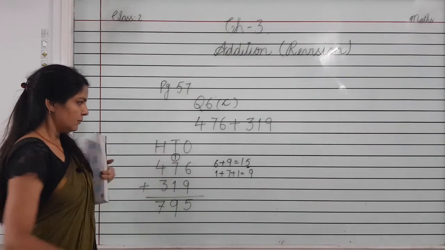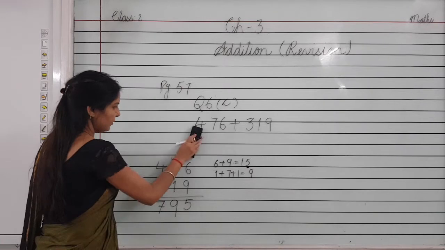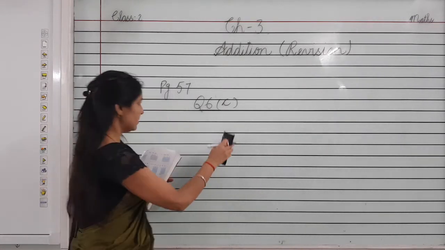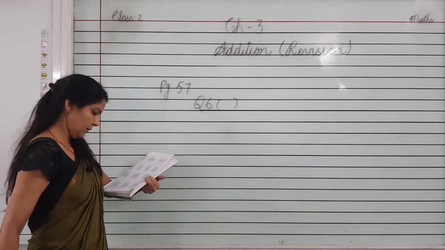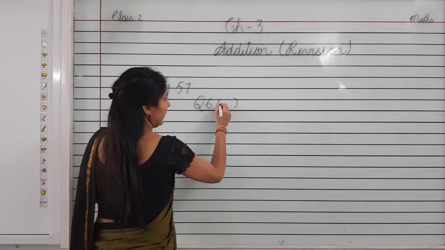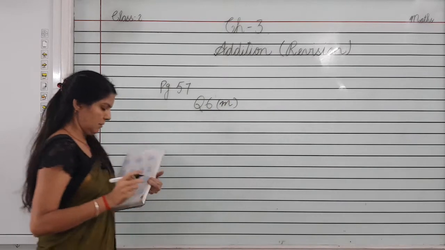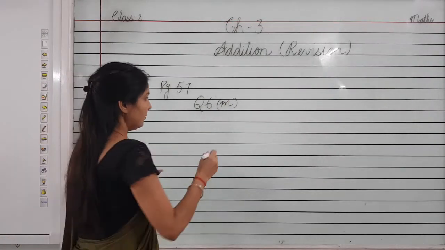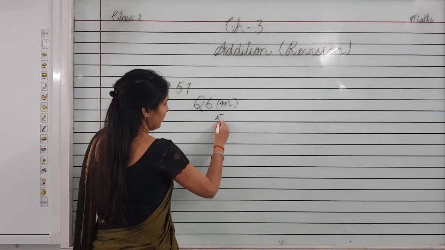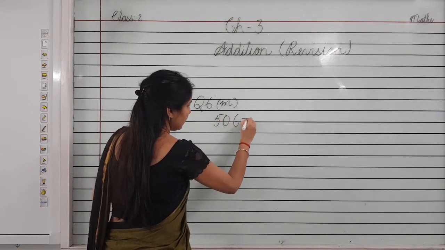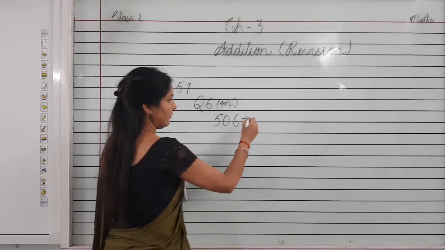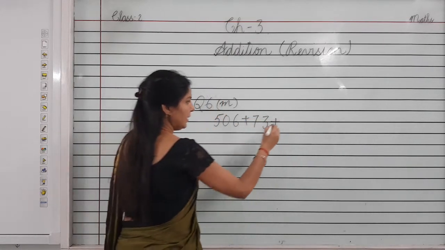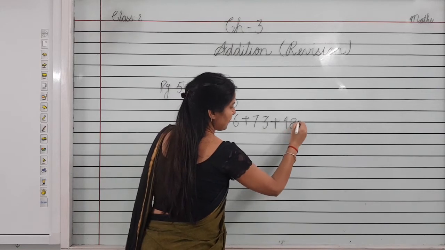Now see one more question in question 6. This is M part of this. Page number same 57. Numbers are 506 plus 73 plus 182.